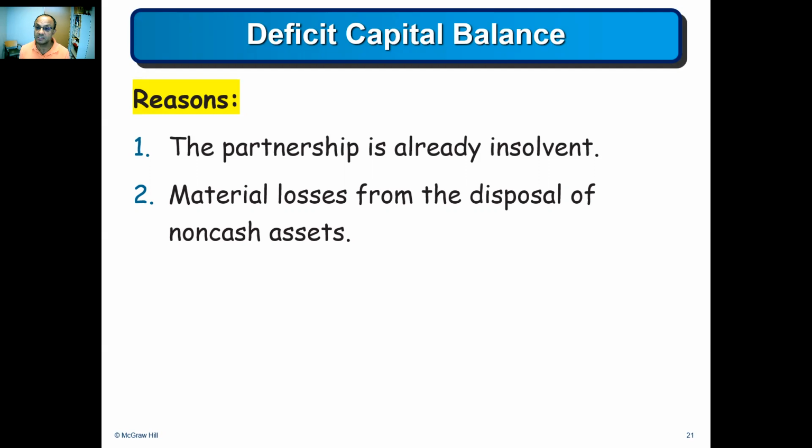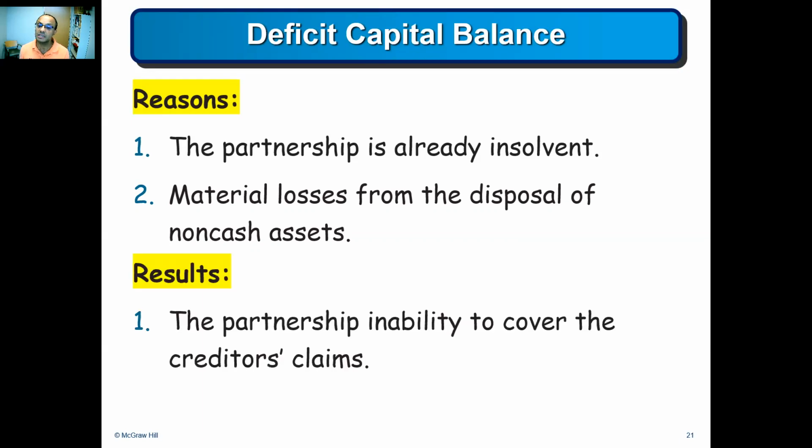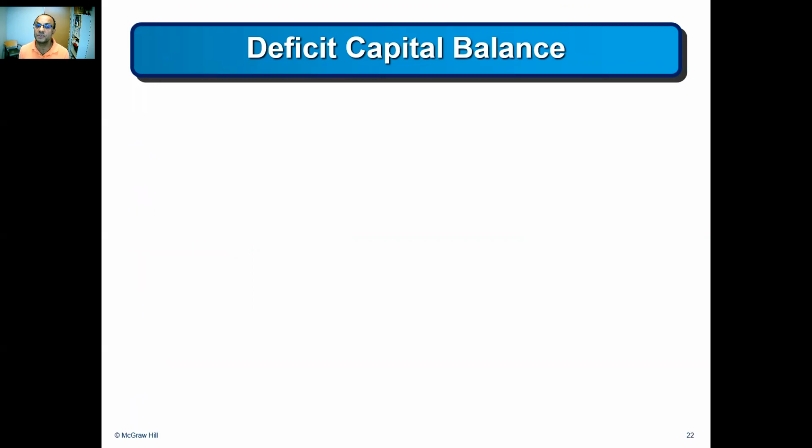Because of those reasons, one or more of the capital accounts of the partners might turn out to be negative. As a result, the company might not be able to pay the creditors, the liabilities, or the company might not be able to pay all the capital balances for the partners, which we call a negative capital account.